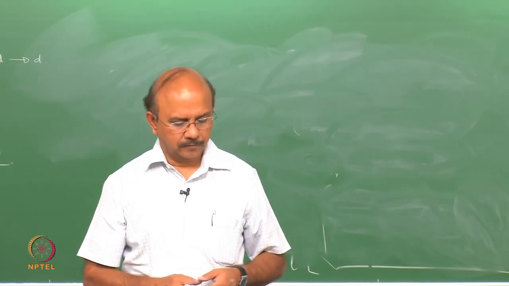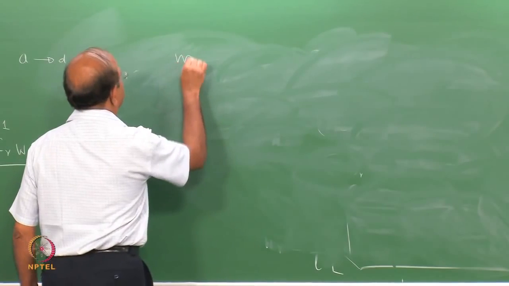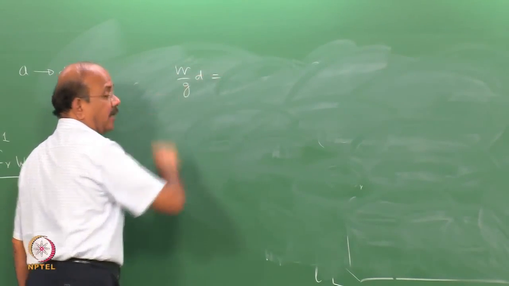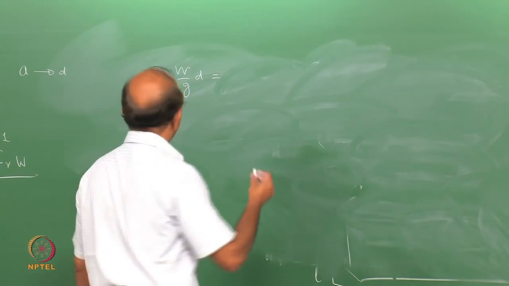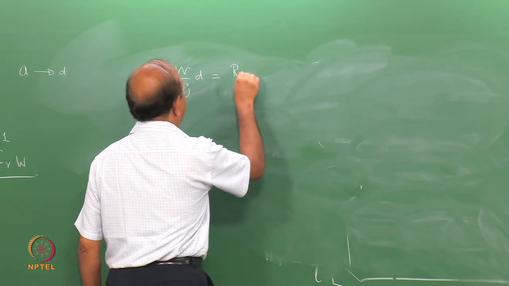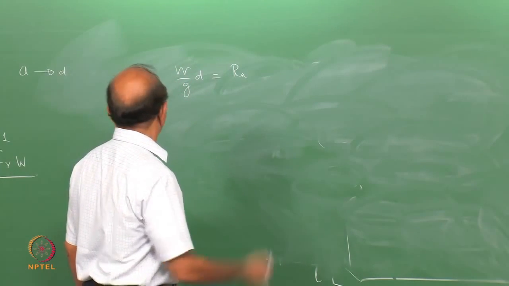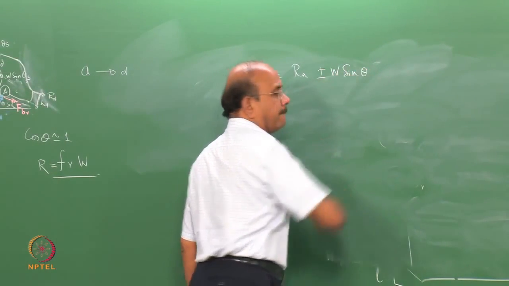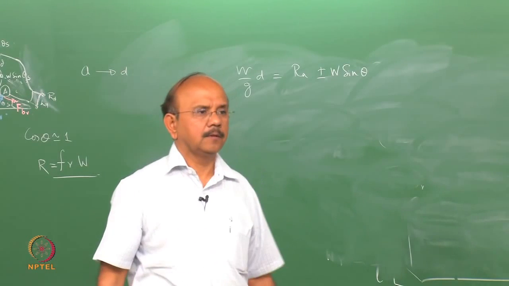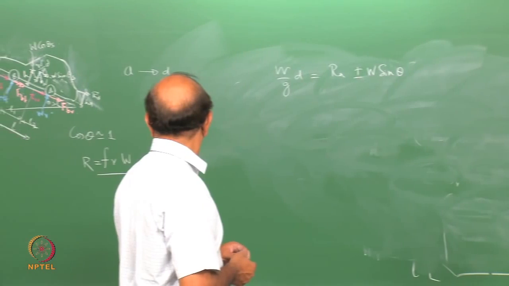Now you can very easily look at this. The only thing I'm going to write, the first equation, is W by g into D, which is equal to the rolling resistance force Ra, plus or minus W sine theta. You know the physics. That would be the second opposing force.